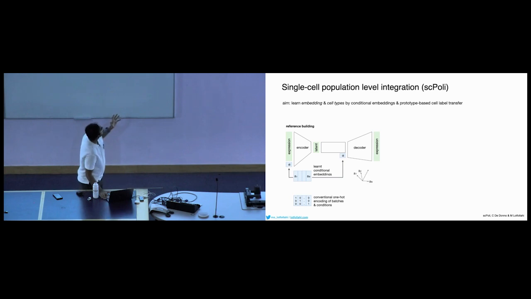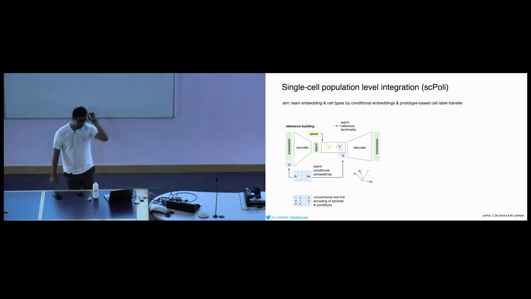And to further model cell types, we leverage ideas from meta-learning, prototypical learning, where we try to learn a centroid. So this model is aware of the cell type. So it's like a semi-supervised model, where the model is now aware of the cell-type-level variable information. So basically you learn a centroid and you try to push all the cells that are from the same cell type to the centroid, similar to how you learn k-means and so on.